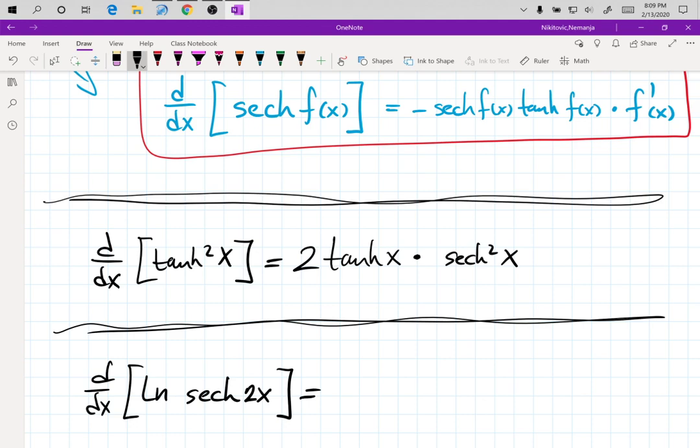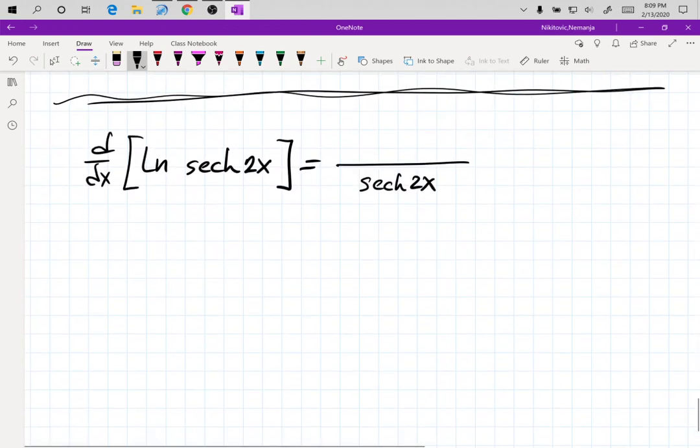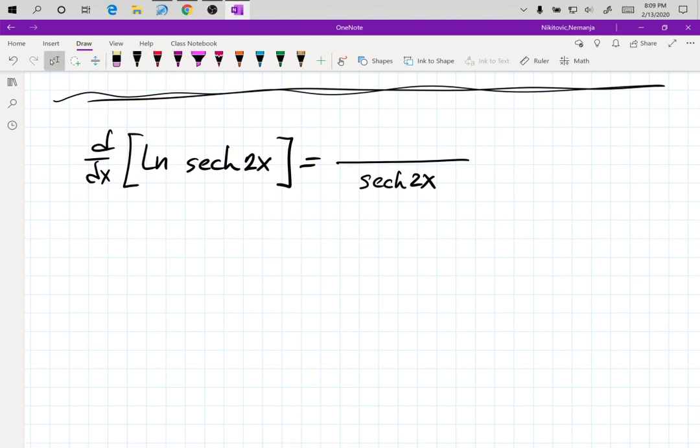Now, first derivative is ln, and we know that ln is going to copy the function as is in the denominator, and then we take its derivative in the numerator. What's the derivative of secant? Secant tangent, right?